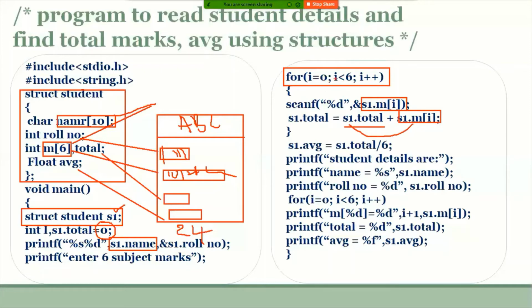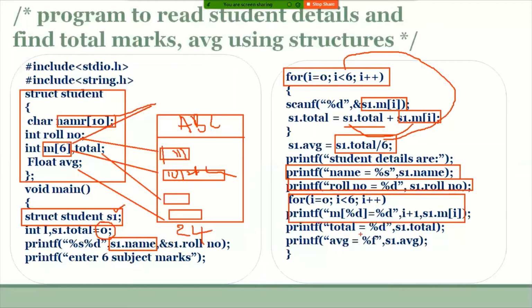Finally, after reading 6 subject marks, the 6 subject total will be calculated, and whenever the condition fails, it comes out of the loop. Then with the help of the total, I can calculate the average. Then the same details, that is name, roll number, subject marks, along with the total and average, I can display with the help of this statement.